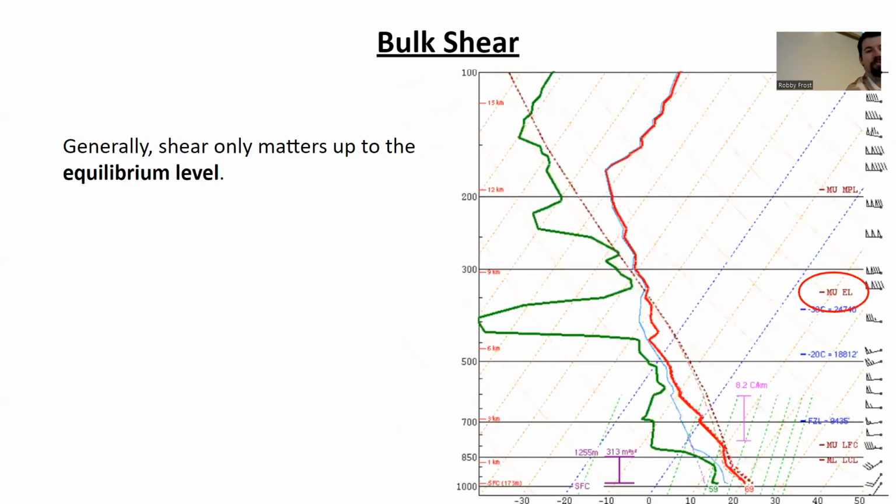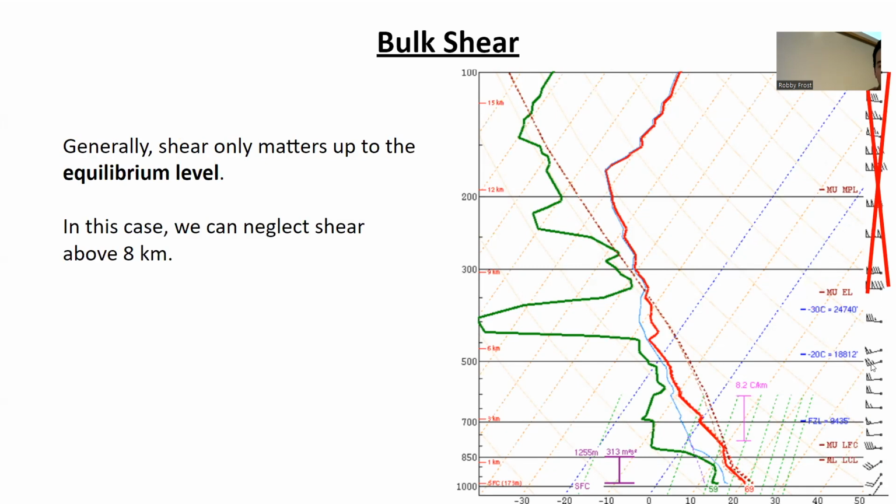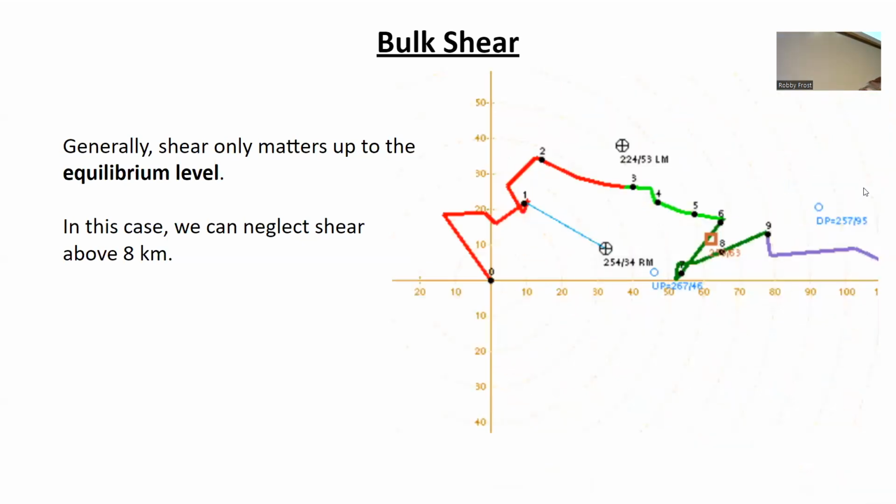Sometimes we have a shallow storm depth, and our equilibrium level here, which is as tall as your storm is going to get in this environment, is where we're using a skew T. So we're only going to be feeling these winds in the lowest, say, 8 kilometers or so. We can neglect all this wind above because we're above the thunderstorm. It's not really feeling that.